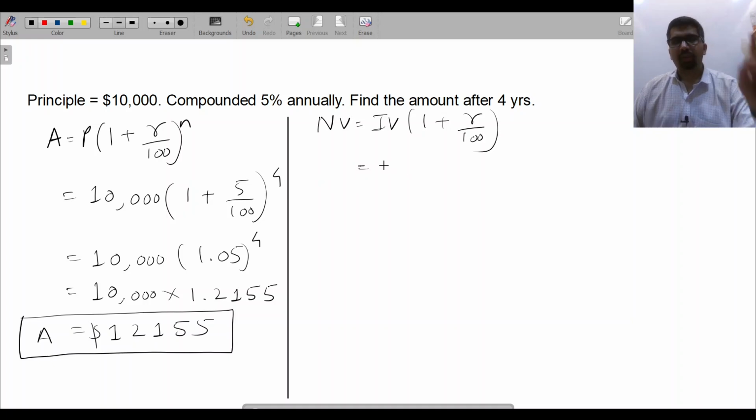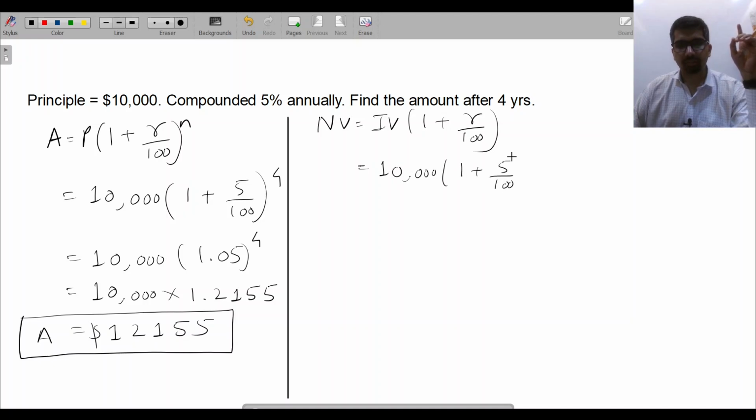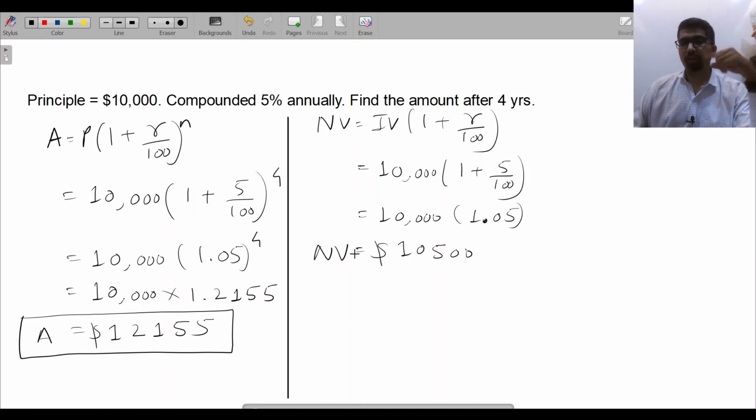The initial value is $10,000 and it's increasing by 5%, so you multiply by 1.05. At the end of 1 year, you will have $500 extra. This is the new value at the end of the first year.